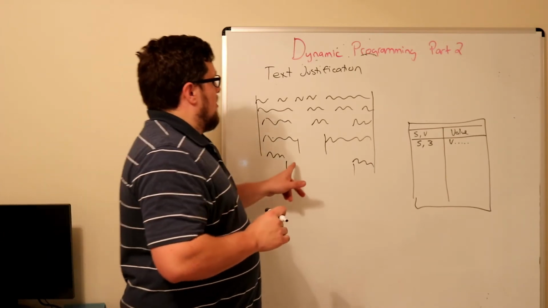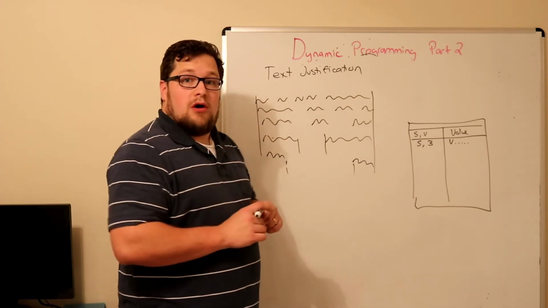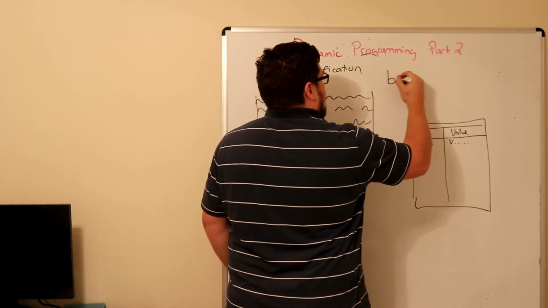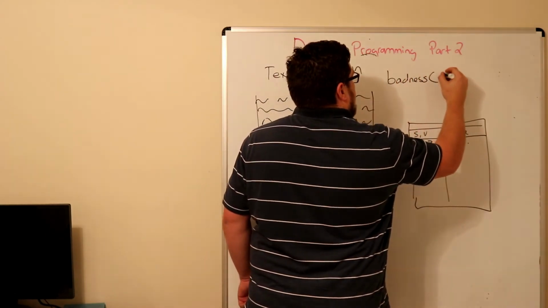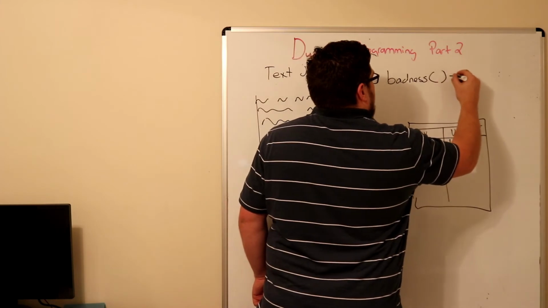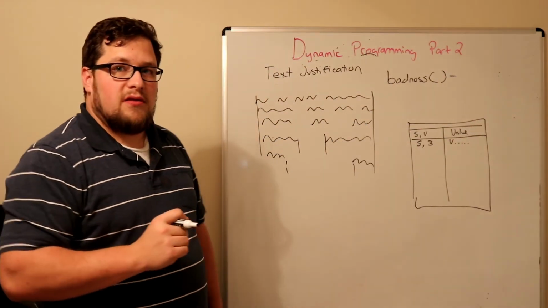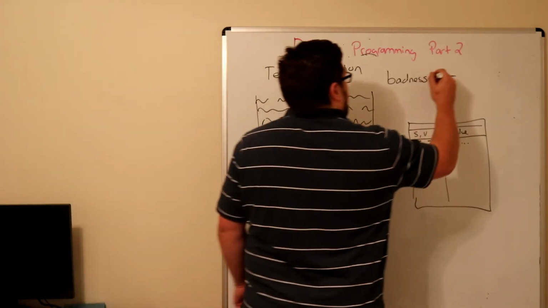So a badness would be higher if there's more space here. So we want to optimize badness. So I'm going to write badness up here. And how do we calculate badness? The badness of a particular row, so let's make this row.